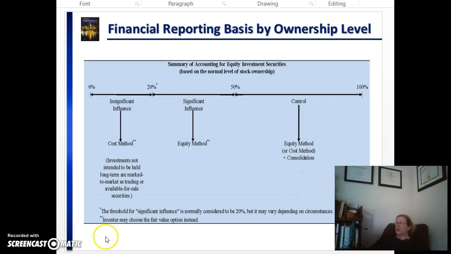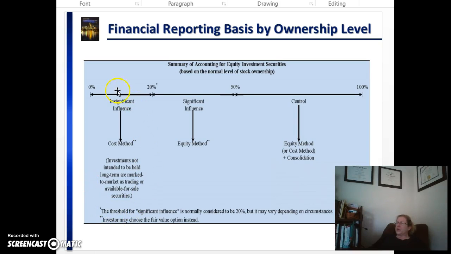And these are going to include investments not intended to be held long term, and these are marked to market as trading or available for sale securities.